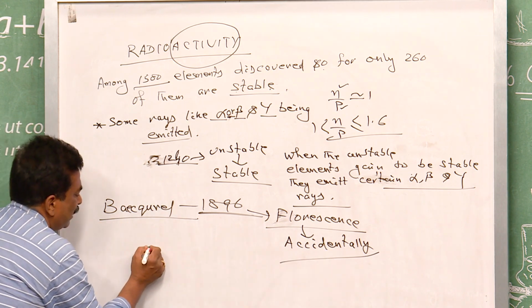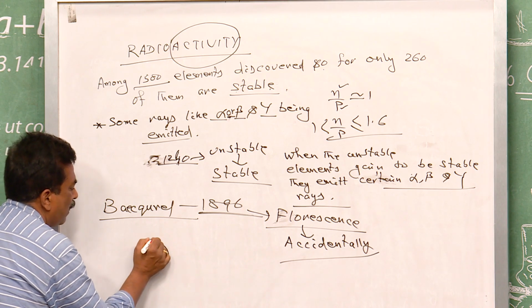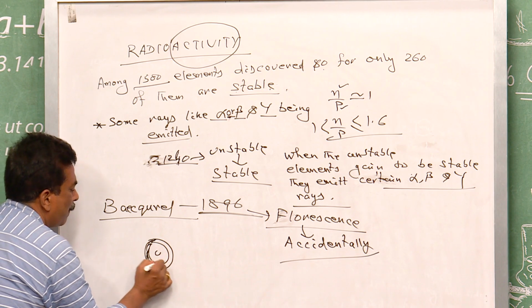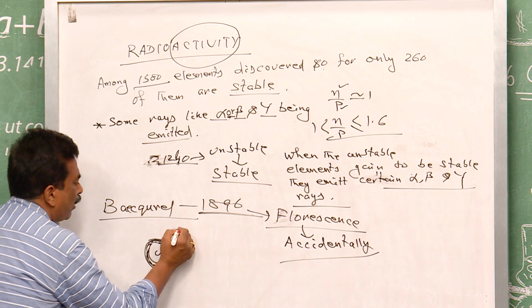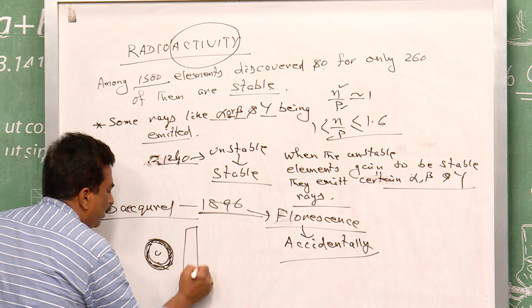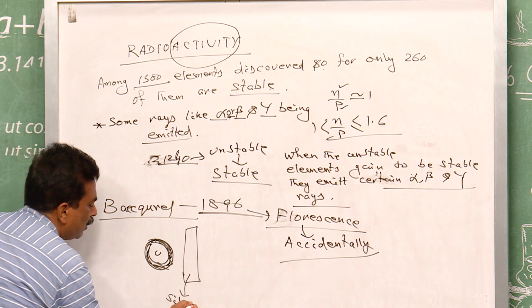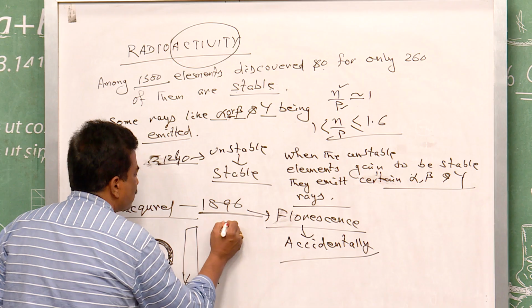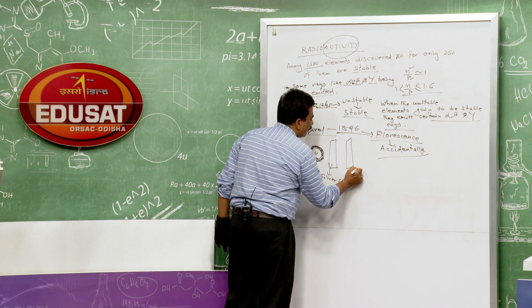So what happens? Suppose he took some uranium that is coated with black paper, and near the black paper some silver slit was taken, and after the silver slit, there is the photographic plate.